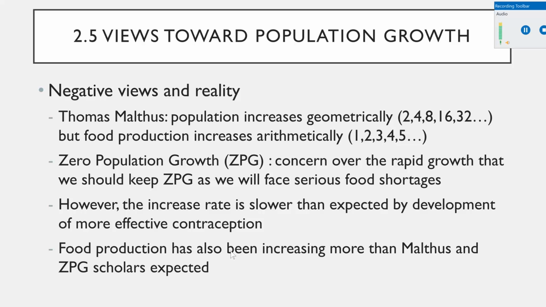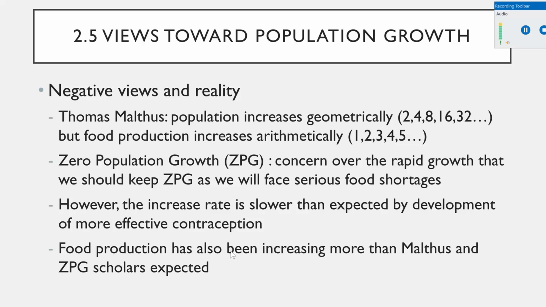Zero population growth was insisted upon because they were concerned that rapid growth would result in too high a scarcity of food or resources. So they wanted to keep a zero rate of change, just keeping the population level. But the increase rate is slower than expected due to development, more effective contraception, and women's higher labor force participation and education.